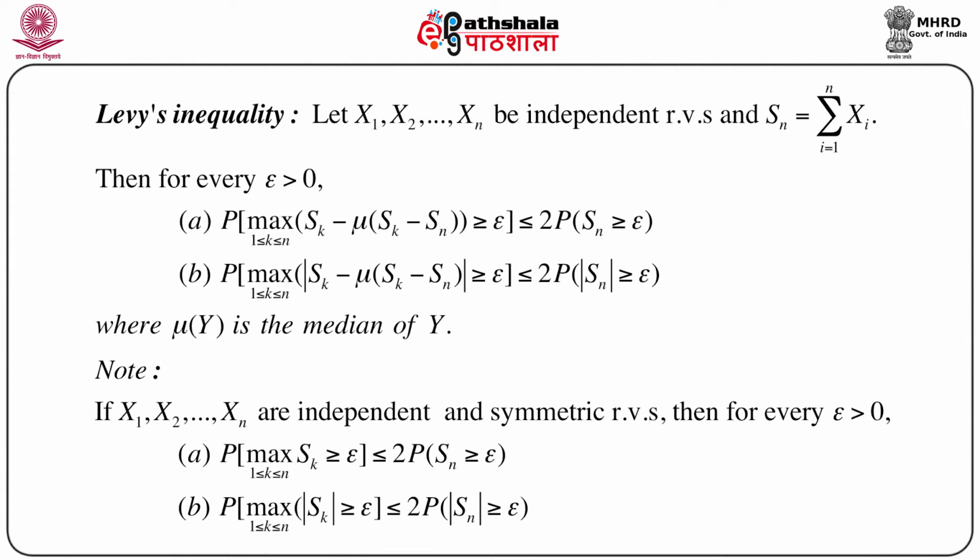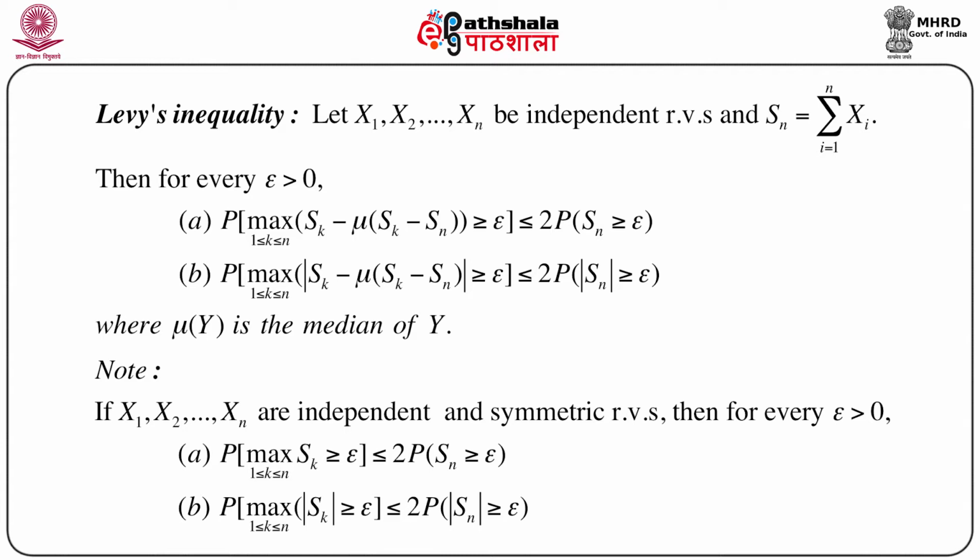That means the probability that the maximum over k between 1 and n of sk minus mu of (sk minus sn) is greater than or equal to epsilon is less than or equal to twice the probability of sn greater than or equal to epsilon.